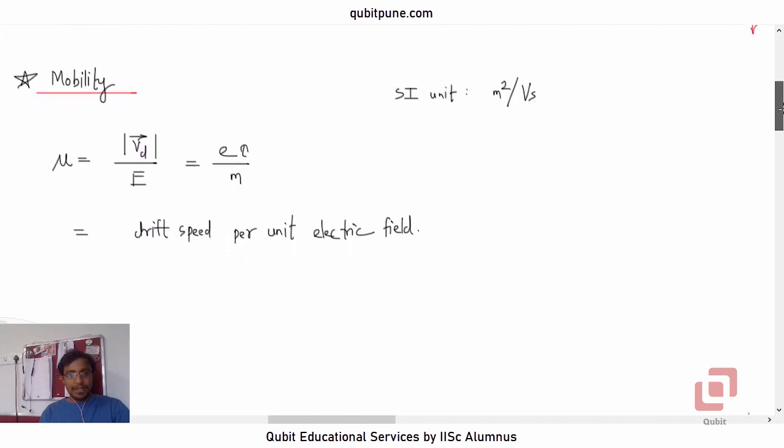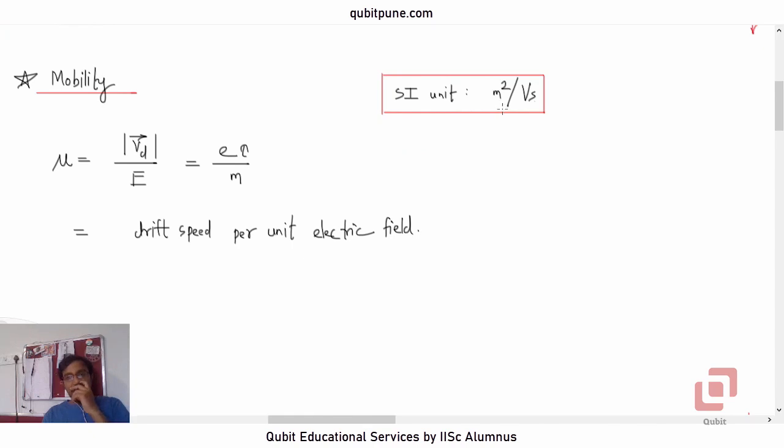We sometimes use mu for permeability, more commonly in the context of magnetic field, but here we are using it for mobility, which is the ratio of the drift speed or drift velocity, or its magnitude, per unit electric field, or e tau by m. You remember its SI unit, not very difficult to find. It's meter squared per volt second.